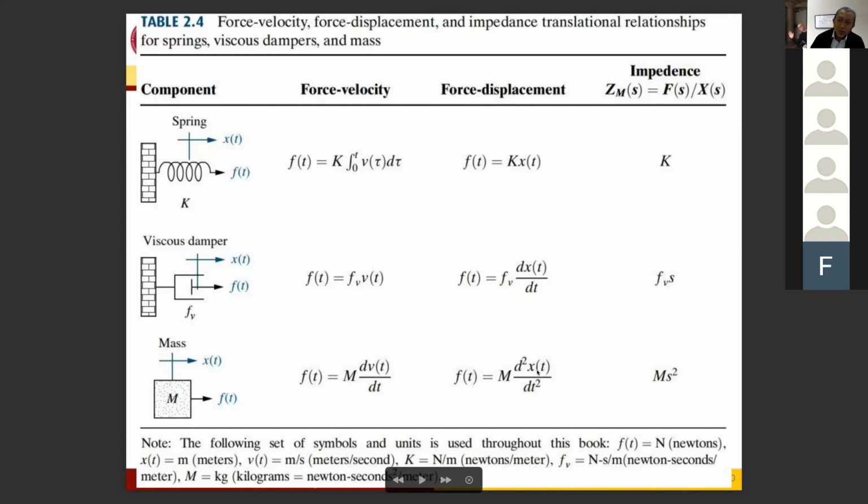So when we apply Laplace, it will give you K, which is similar to a resistance, FBS for the damper, and ms square for the mass. V is velocity.